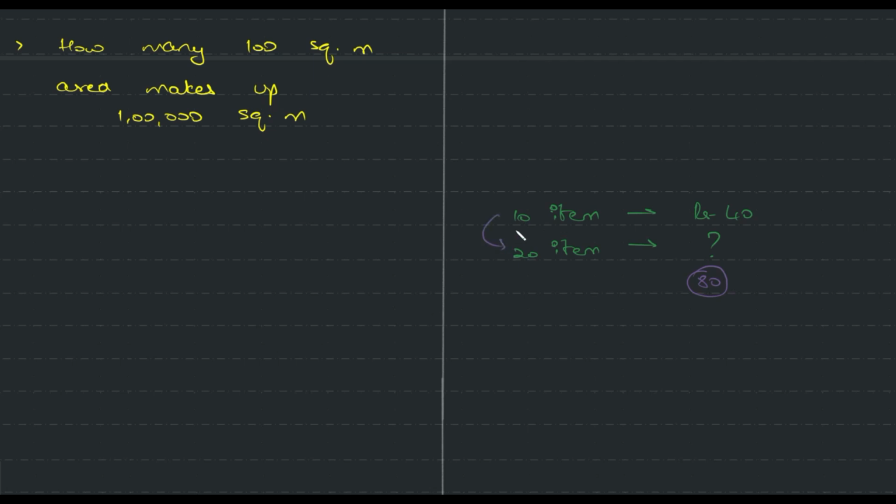So you figured out, okay, 10 to 20, I need to multiply with 2. 40 into 2, that is 80. Double of it, that's it, as simple as that. So how did you figure out this being double? 20 divided by 10. I found the double aspect by dividing 20 with 10.